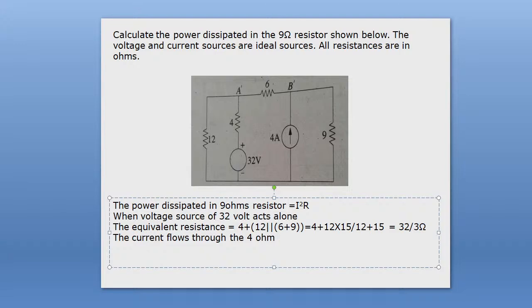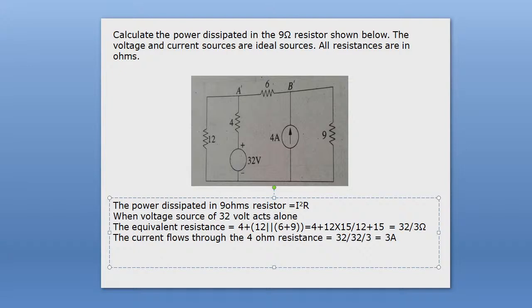The current through 4 ohm resistance is equal to how much? 32 divided by 32 by 3. That means 3 ampere. So you can write 3 ampere. Okay. If you have any doubt, please let me know.